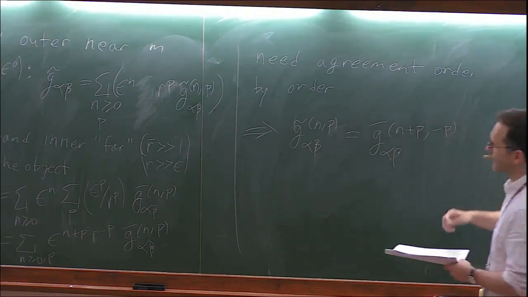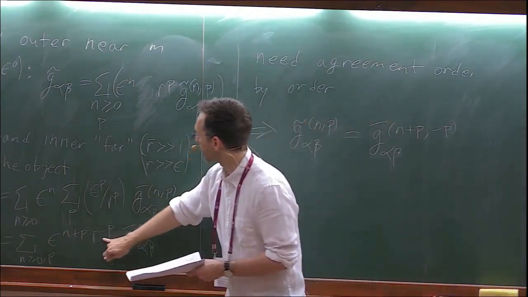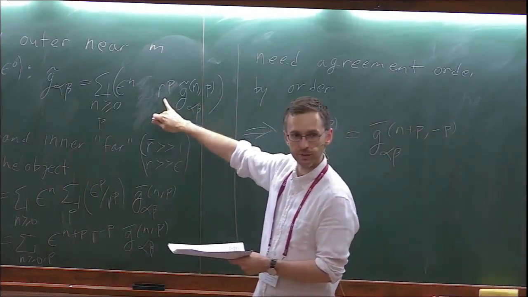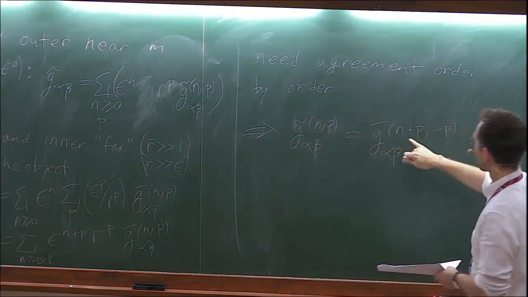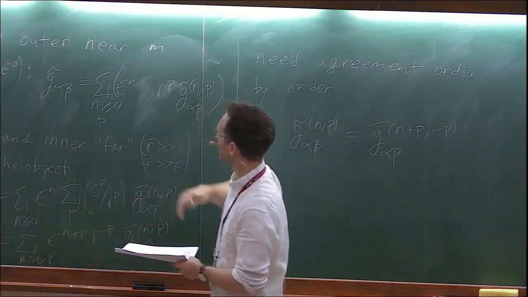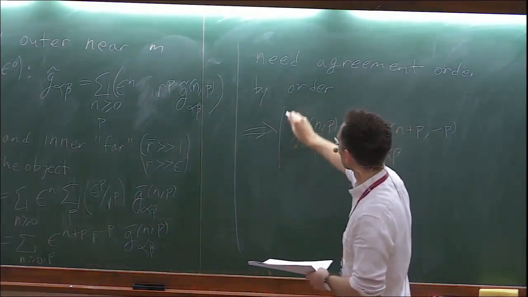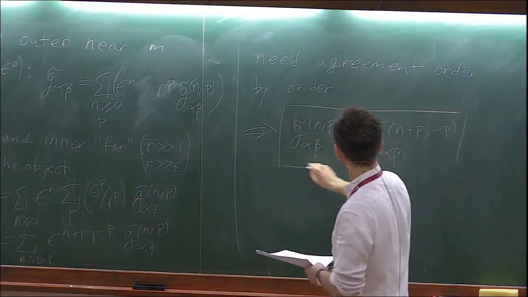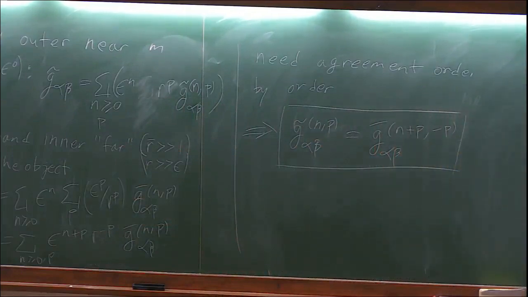So the minus p just comes from the fact that this is r to the minus p, whereas this is r to the plus p. And then the n plus p comes from the fact that this is epsilon to the n plus p, and this is just epsilon to the n. So this is the matching condition. These coefficients have to be identical to each other.